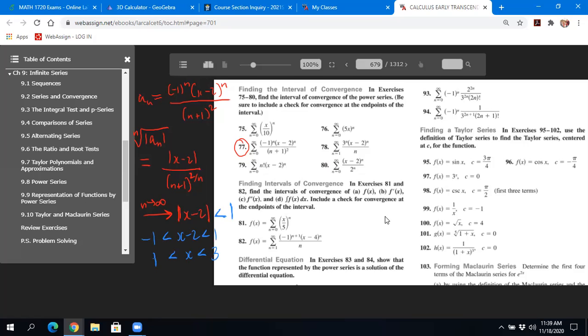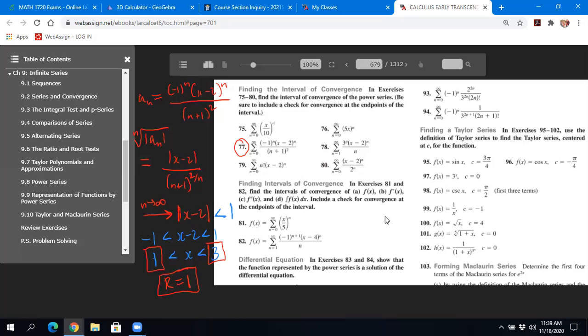Now, that means that the radius of convergence is 1, okay? But I want the interval of convergence, which means I need to ask the question, what is happening at these endpoints, 1 and 3, yeah?